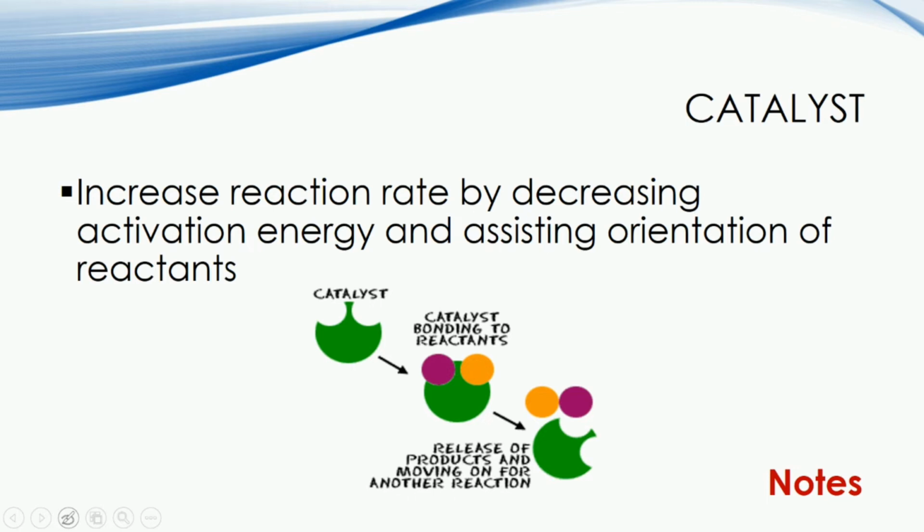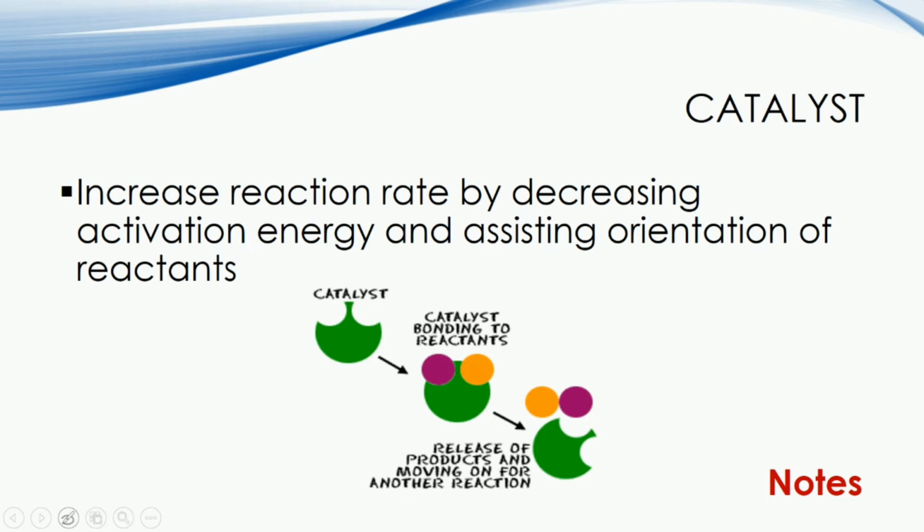So whenever we have a catalyst, what it does is that it helps the reactants interact in the proper way. So it pretty much figures out a way of fixing the orientation. So instead of relying on random collisions that happen to have the right orientation with enough energy, what a catalyst does is that it ensures or assists that the orientation of those reactants is in the proper way, so at the proper angle.